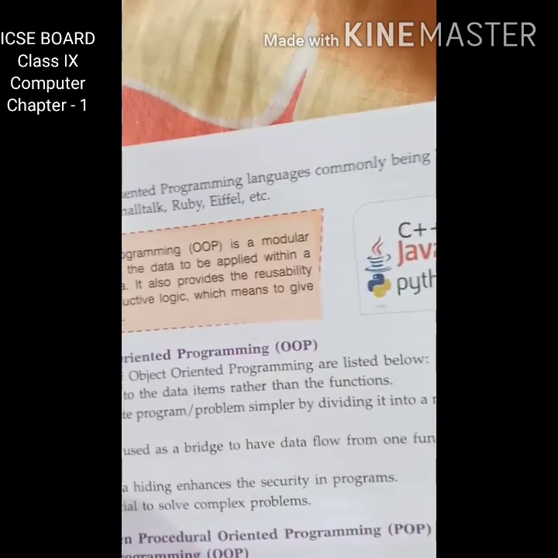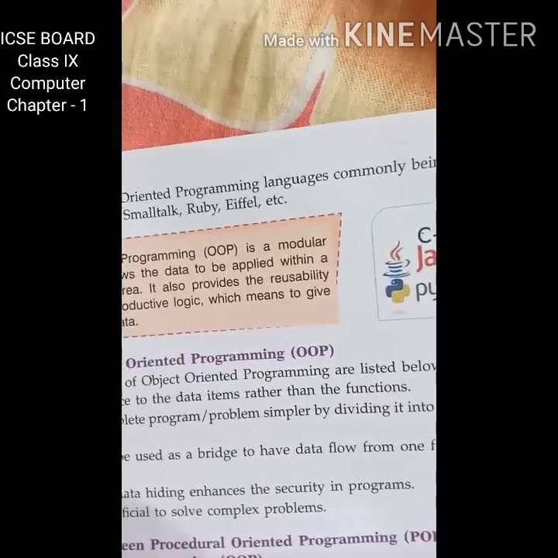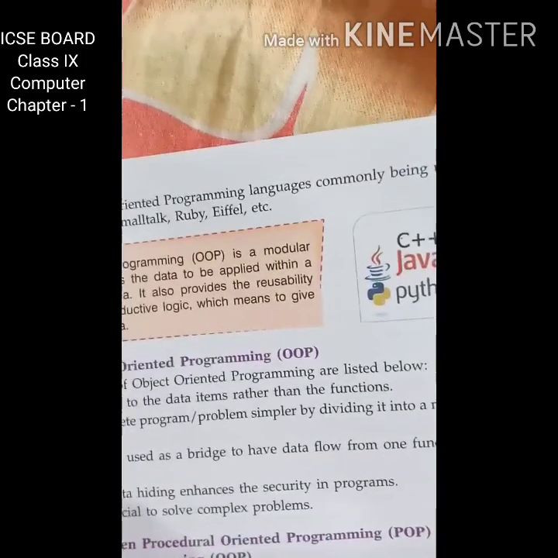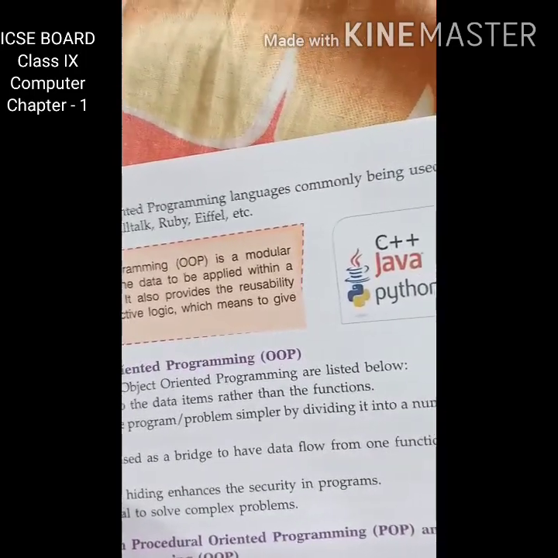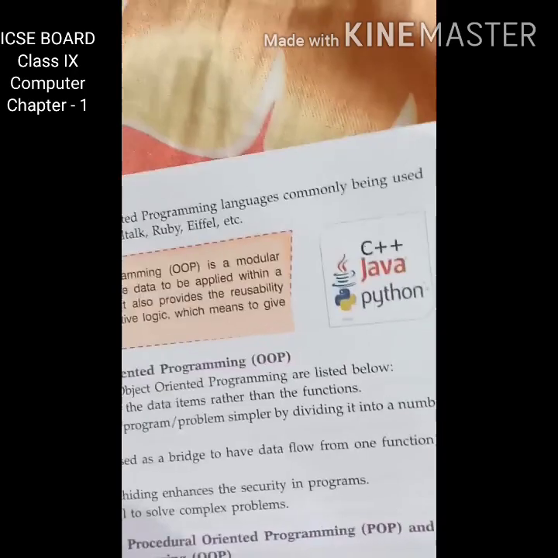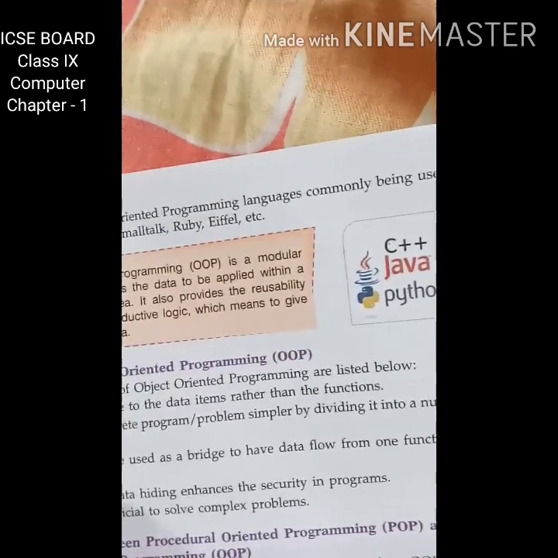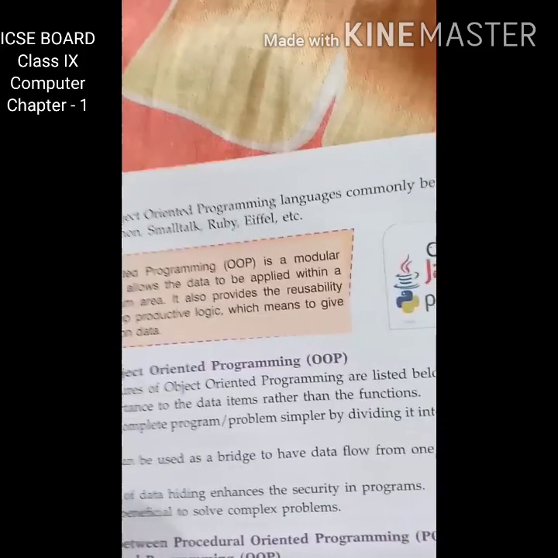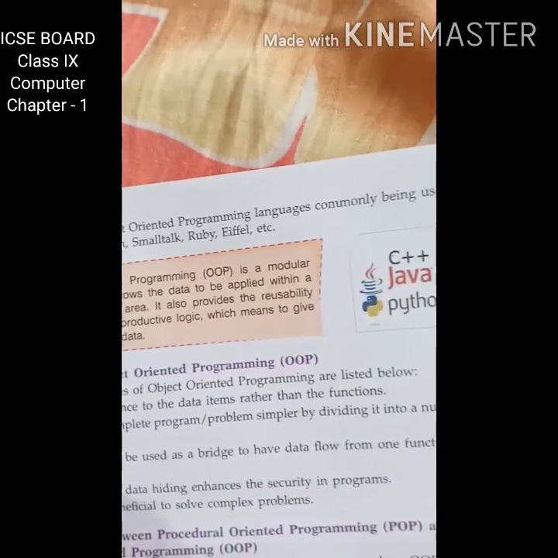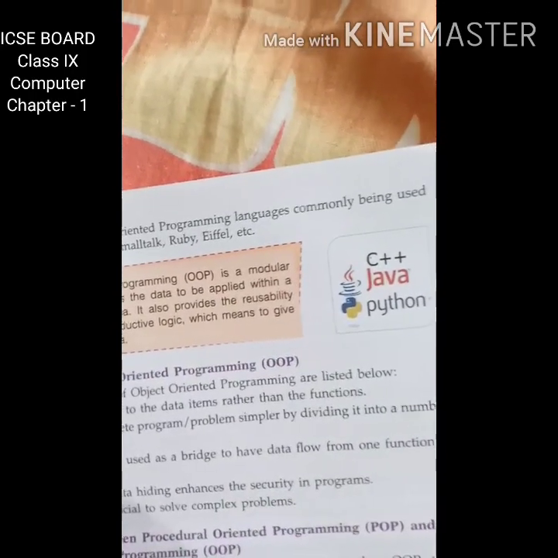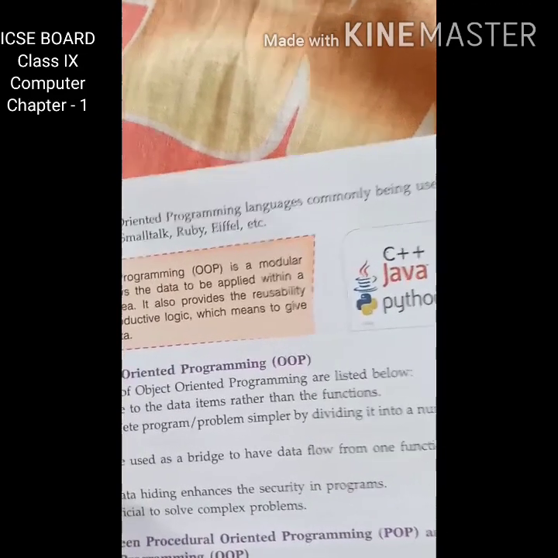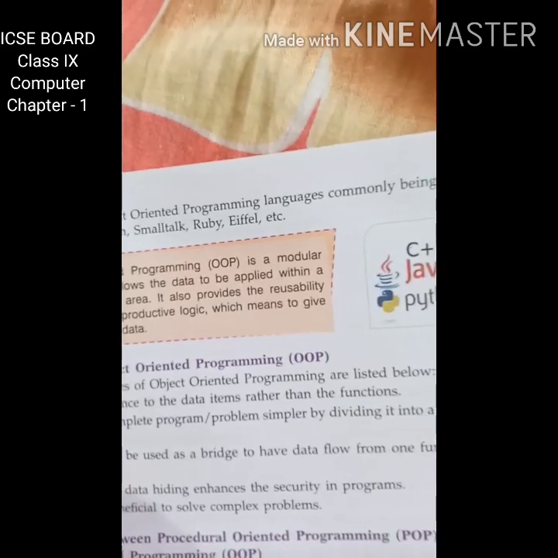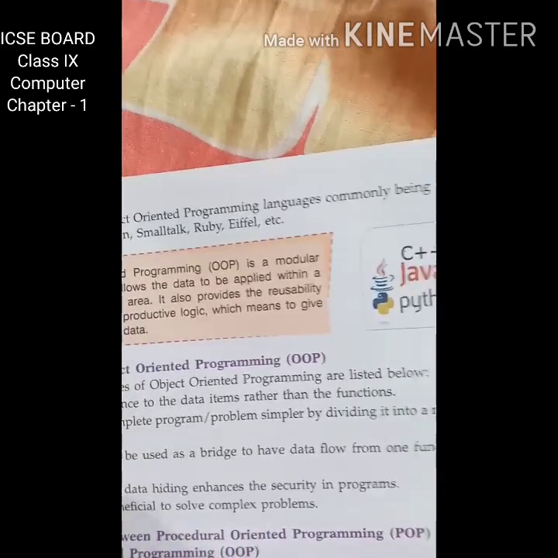We can make our program in small parts, and divide it into small objects, and then it is very easy to write the program. The object can be used as a bridge to have data flow from one function to another function. We can move data or objects.